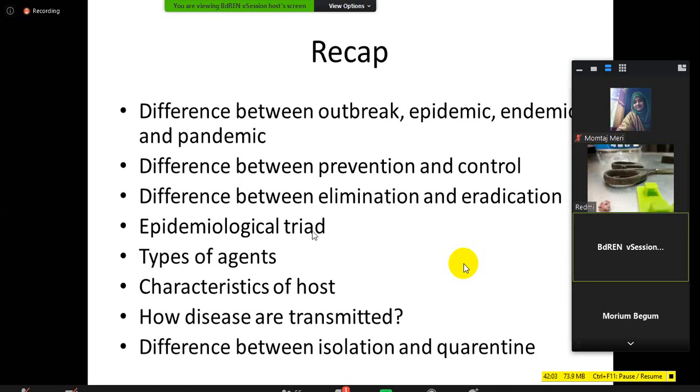So this is the epidemiological triad, and I also discussed the agent. There are four categories of agent. One is biological agents, when we are talking about bacteria, virus, protozoa, or fungus.